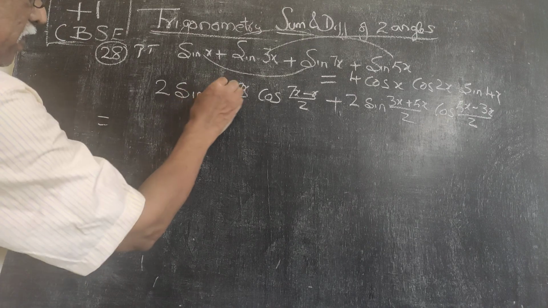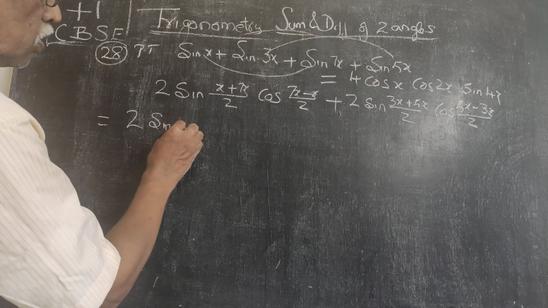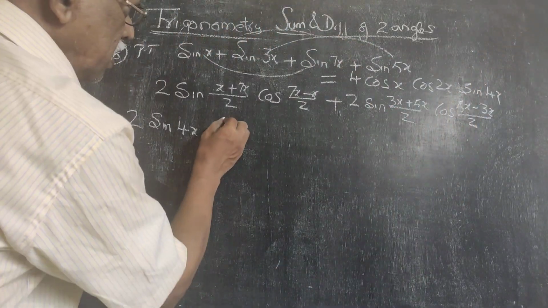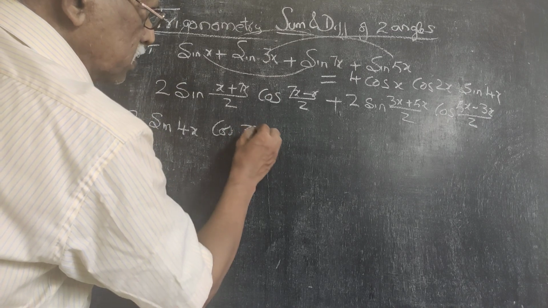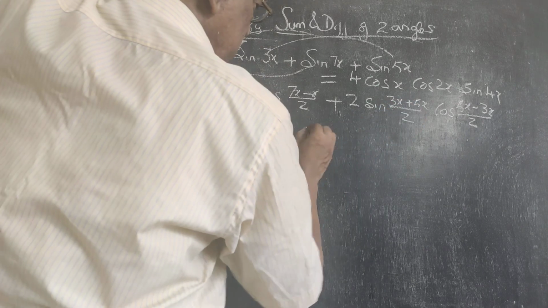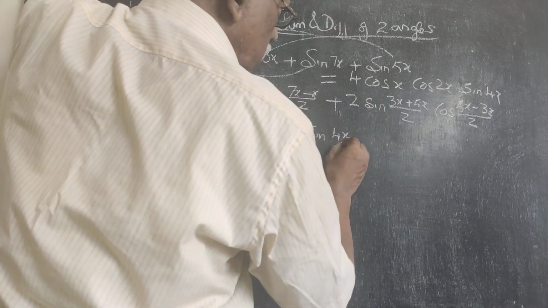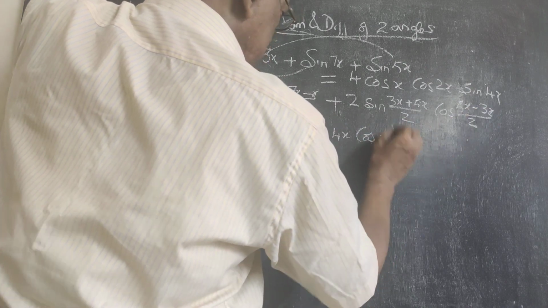The result is that 7 plus 1 is 8, 8 by 2, so 2 times sin 4x. And here cos (7x minus x), that is 6x by 2, so cos 3x. Plus here again 2 times sin 4x, 5 plus 3 is 8 by 2, 4x, and this side 5 minus 3 is 2, 2 by 2 is 1, so cos x.